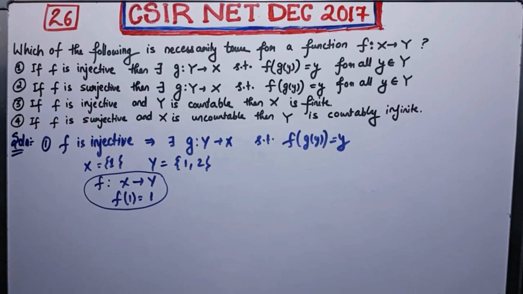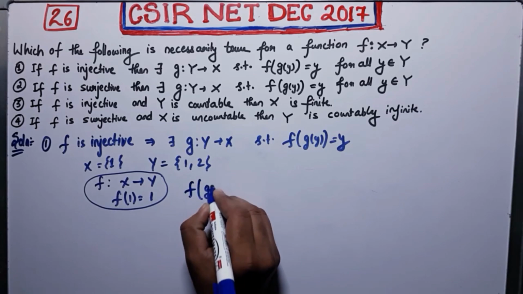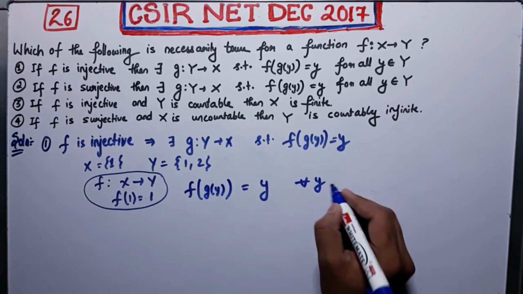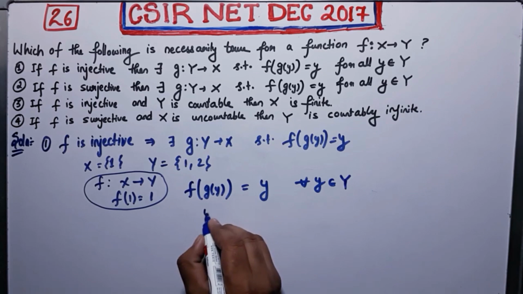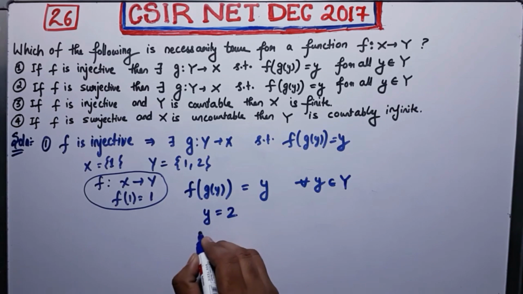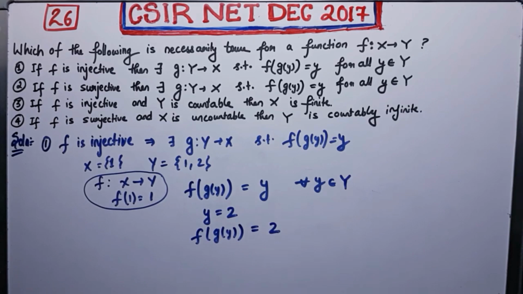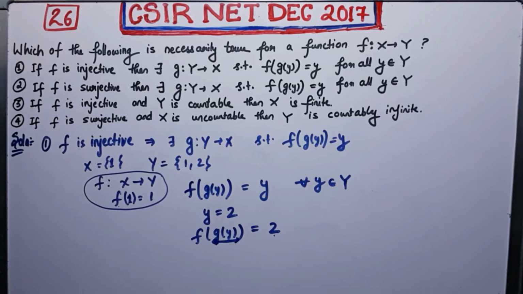Now see, can there exist a g such that f of g(y) is equal to y for all y belonging to Y? No, because if you choose y to be 2, then f of g(y) is equal to 2. Whatever g(y) is doesn't matter, because f has only 1 in its image.